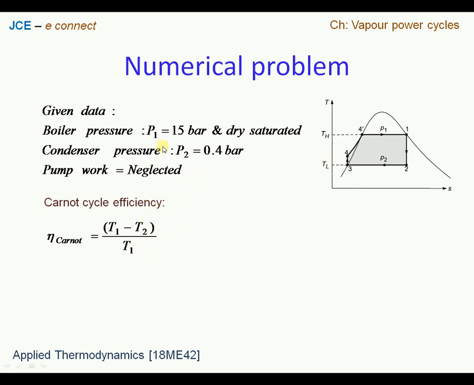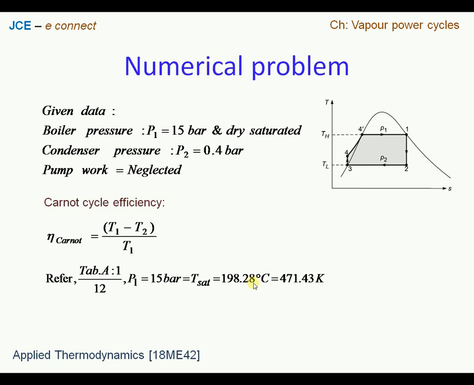The only data that we have with us is the boiler pressure P1, that is 15 bar, and the condenser pressure, which is 0.4 bar. Therefore, referring to the steam tables, table A1, page number 12, for a pressure of 15 bar the corresponding saturation temperature is 198.28 degrees Celsius.